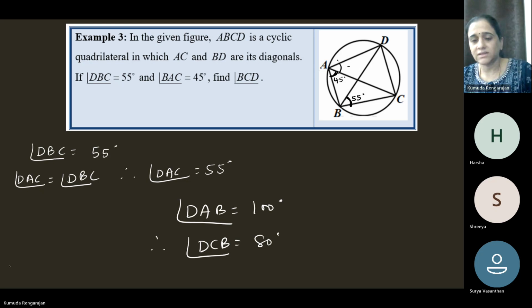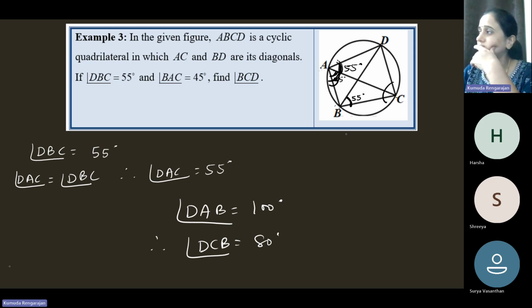DAC. DBC is this angle. DAC is this angle. Or you can even call it CBD, CAD. So this is 55, so this is 55. So this angle is 100. So this is 80. Opposite angles are supplementary in a cyclic quadrilateral.